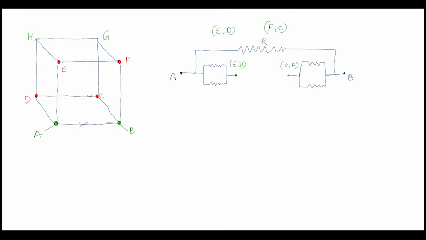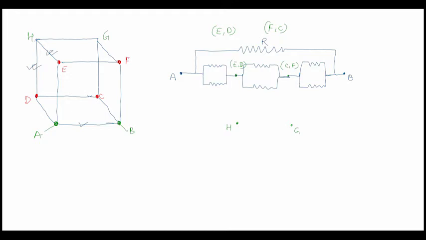Now, between ED or CF, there is again a combination of two resistances. And apart from this, we also need to take into consideration H and G. Taking that into consideration, between E, D and H, there are two resistances, these two.